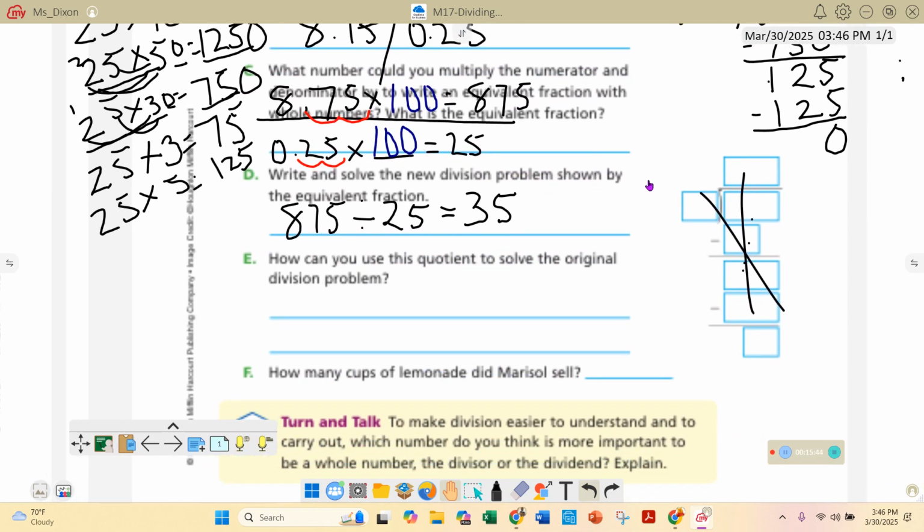So both problems would have the answer of 35. You would write in question E, our fractions are equivalent, so our answers would be the same.